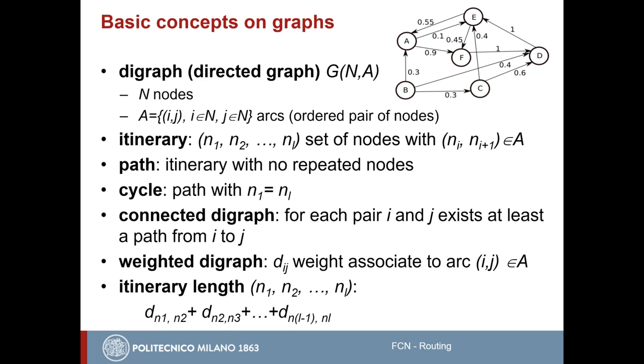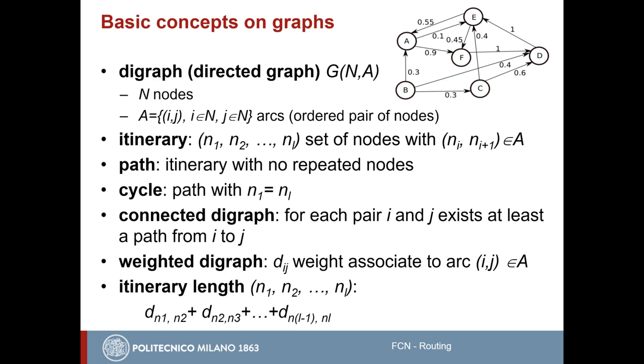Here you see an example of a graph, and since we are talking about routing, we will focus on the detection on the graph of sequences of nodes from a source to a destination. Generally, a set of nodes from a certain node n1 and a final node nl is named itinerary, and it is a subset of the node set, and since from one node to the next in the itinerary there is always an arc, it is also a subset of the set of the arcs.